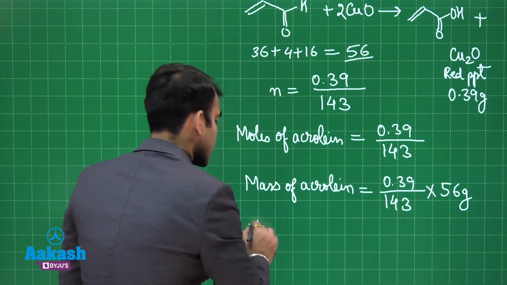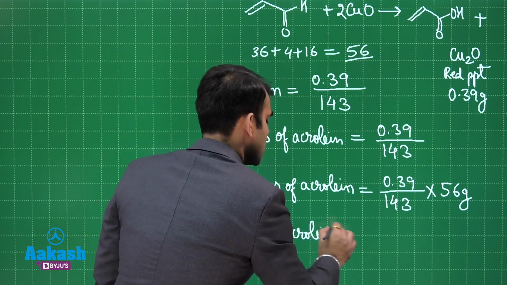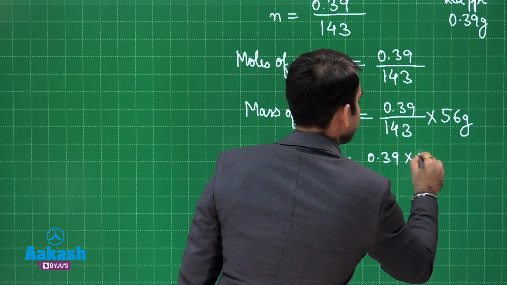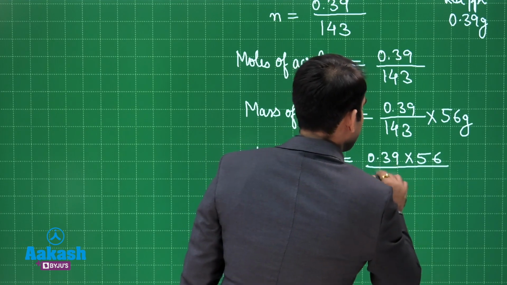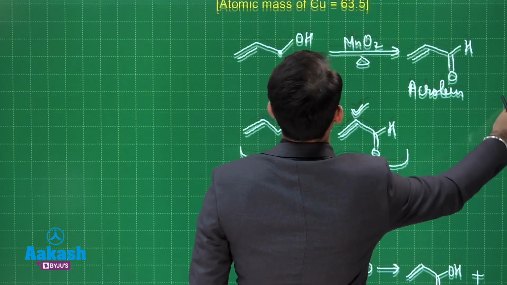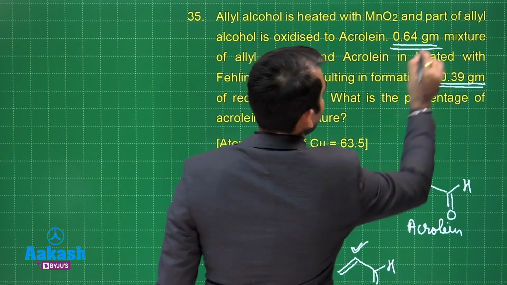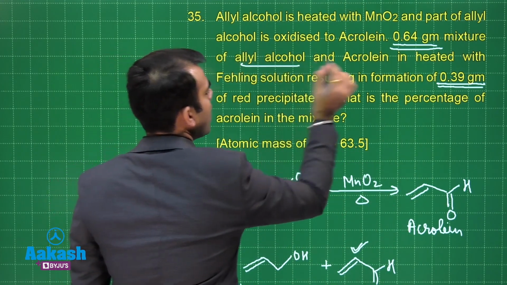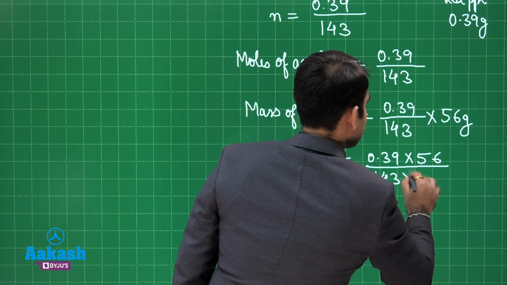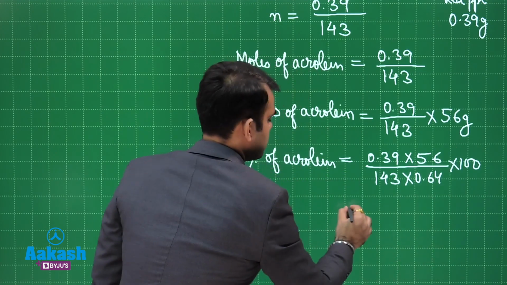Now the question is asking what is the percentage of acrolein. So percentage is 0.39 into 56 divided by 143, but here we also need to know the initial mass given. So we have taken 0.64 gram mixture of allyl alcohol and acrolein. So this is 0.64 into 100.